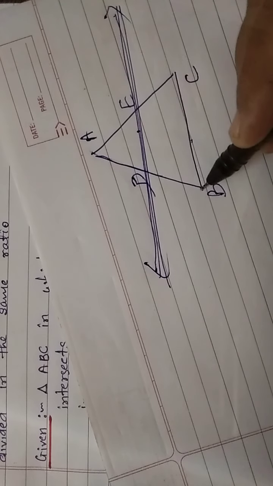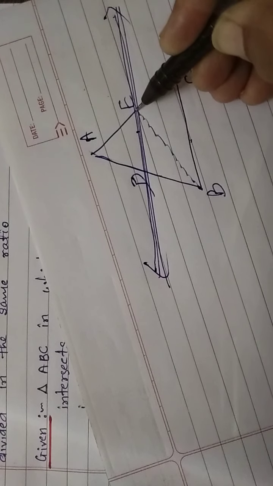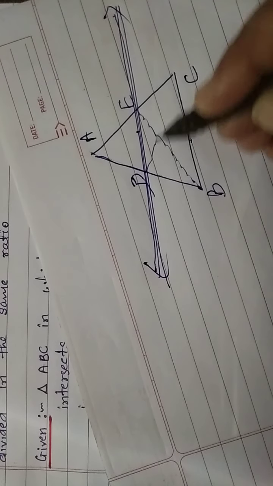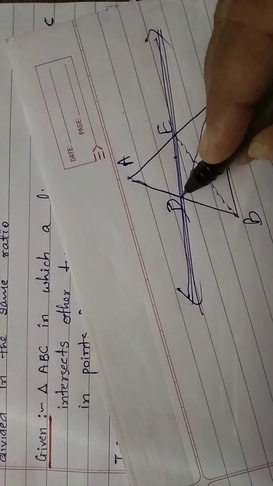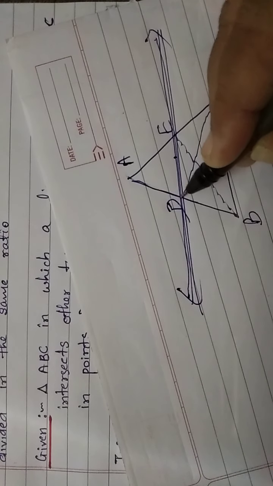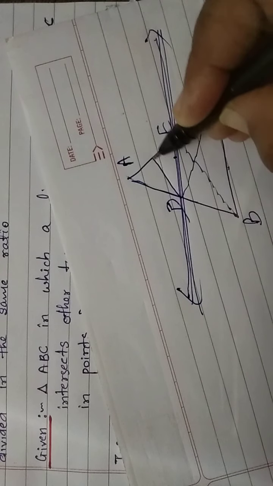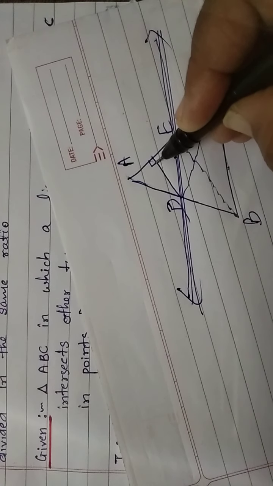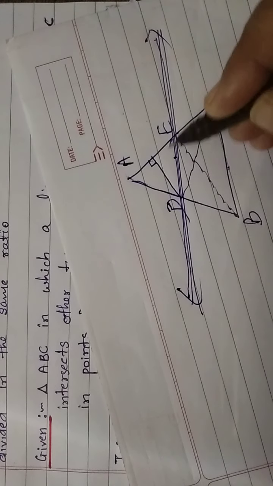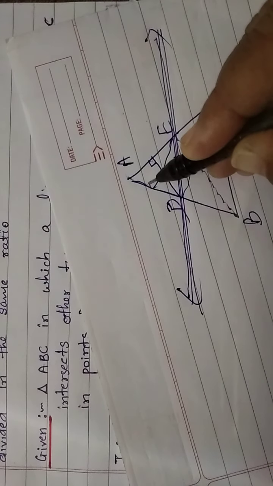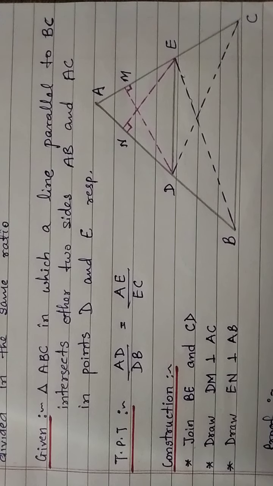Then I joined B to E and C to D, and now I will drop a perpendicular from D to this point over here. In the same way, from E, I will drop a perpendicular over here also. So now my figure looks like this.